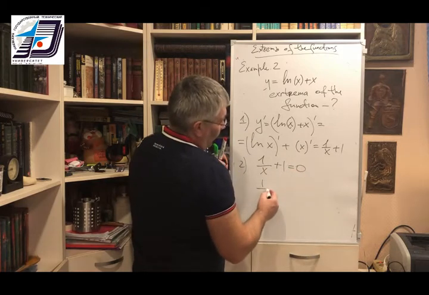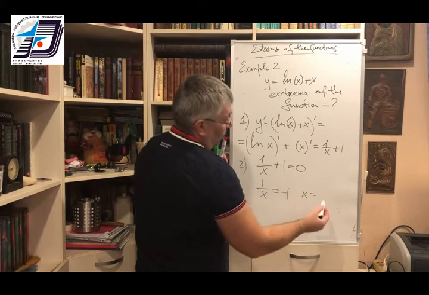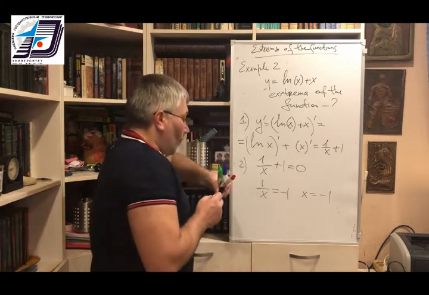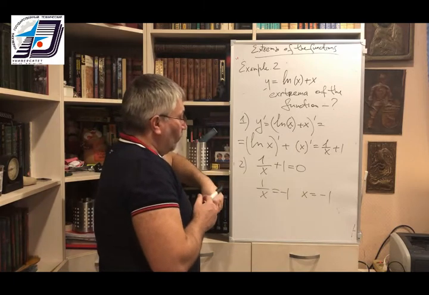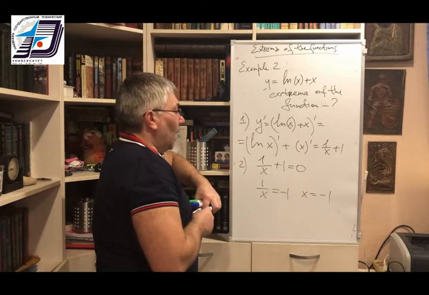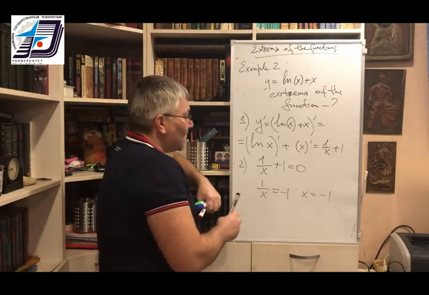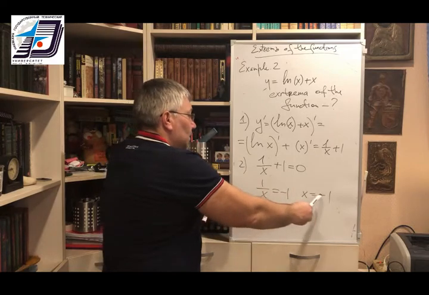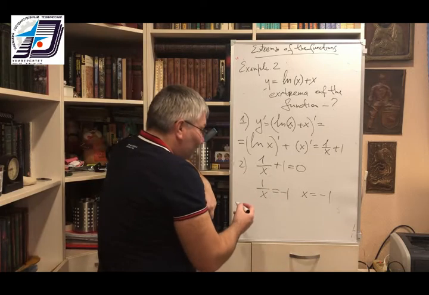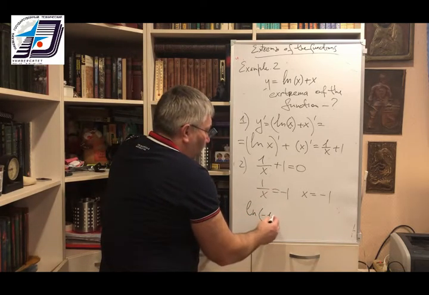And it means that 1 over x equal minus 1 and x equal what? Minus 1. But is it possible or not here? Yes. At first glance, we have an extremum when x is minus 1. But we know that we can't calculate the logarithm ln of minus 1.